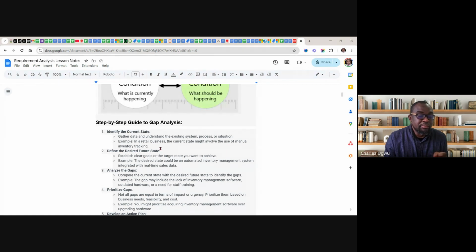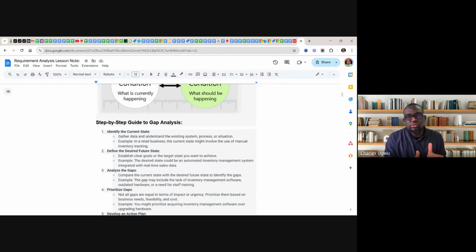Example, in a retail business, the current state might involve using manual inventory tracking. Like I said, manual. So that is trying to understand the current state. It means that this analysis can be applied in so many areas, in retail, in education, in automation, in a lot of things.